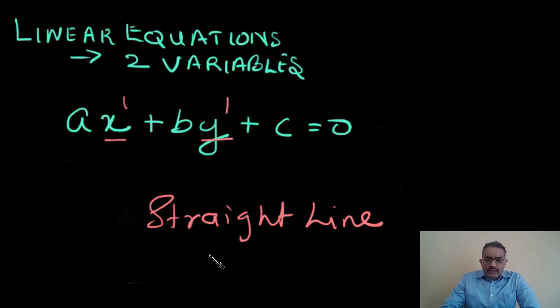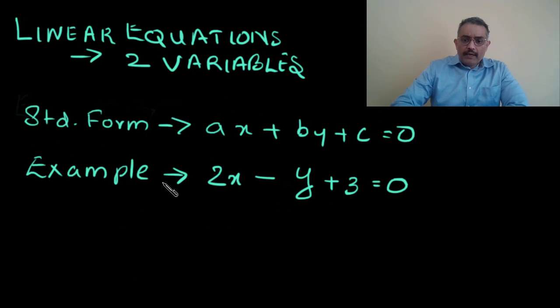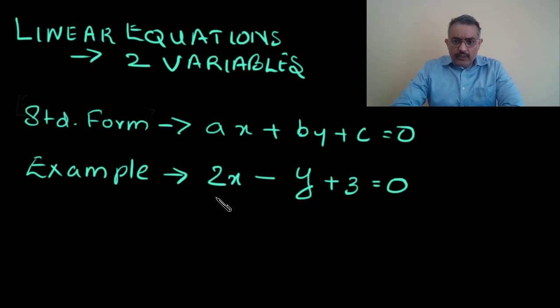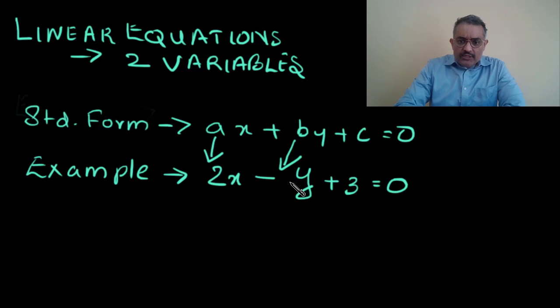Now let's look at this through an example. I have here an example linear equation with two variables x and y. Let's compare this equation 2x minus y plus 3 equal to 0 to standard form. You can see here a is this value 2, b is this value right here which is negative 1, and c is this value 3.